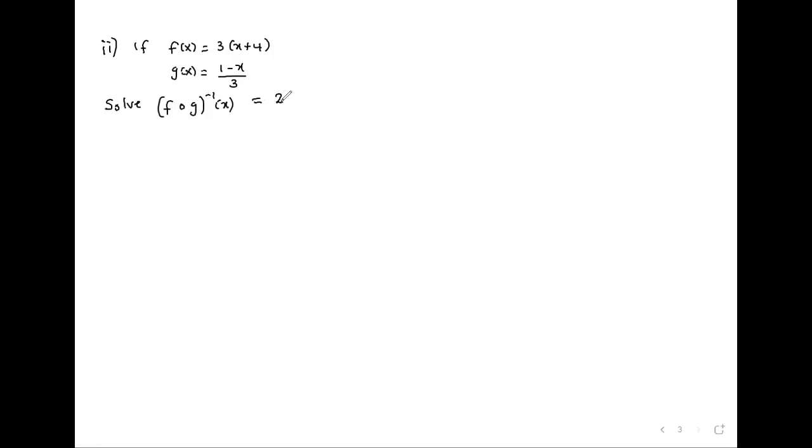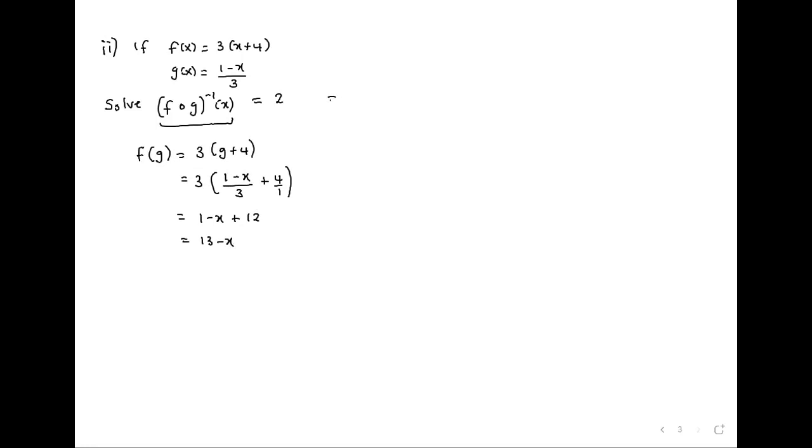Form an equation. The idea is you find this f of g. So f of g is you go to f and put g where there's x. So you have 3g plus 4, where g is 1 minus x over 3, plus 4 over 1. So we have 1 minus x plus 12, which is 13 minus x.